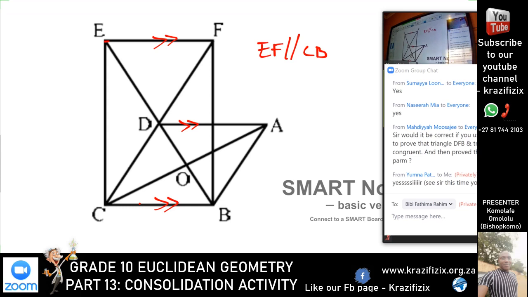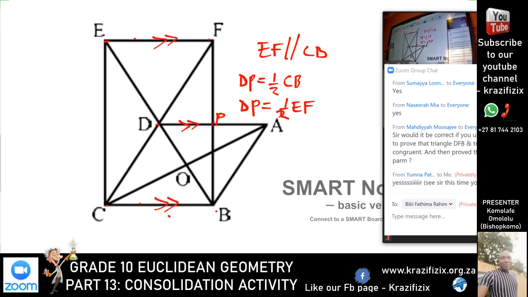Do we agree? Because we did this proof that DP is parallel to this, and we also proved that DP is parallel to that. It means EF and CB are parallel. Secondly, we proved that DP is half CB, and we also proved that DP is half EF.